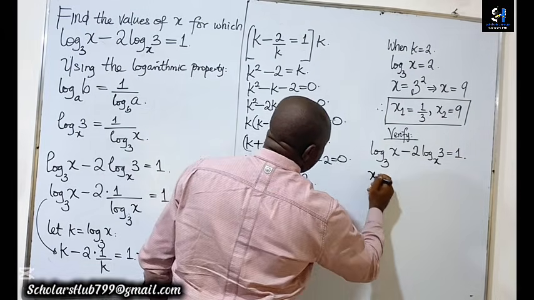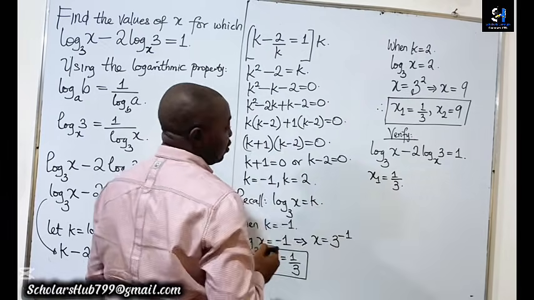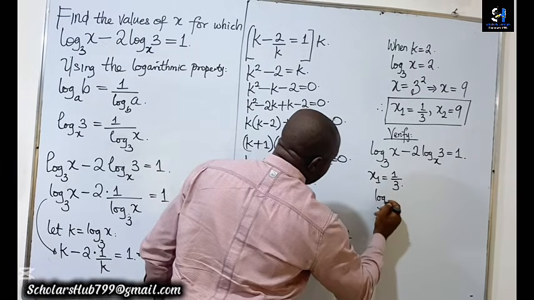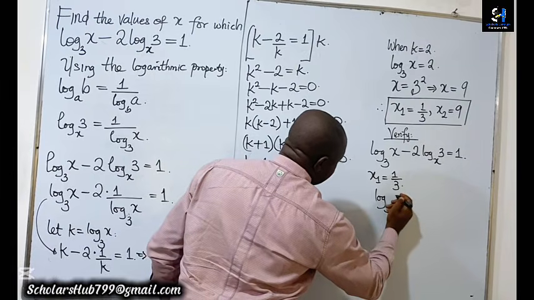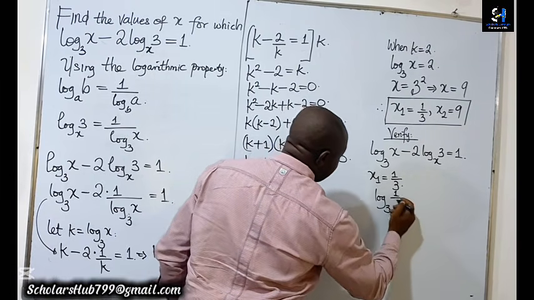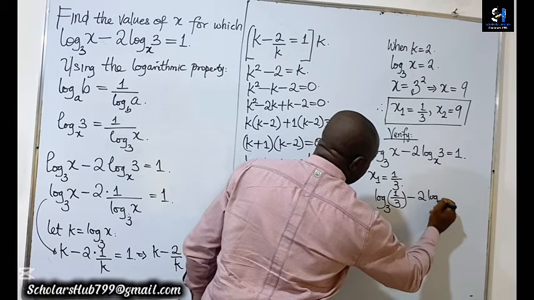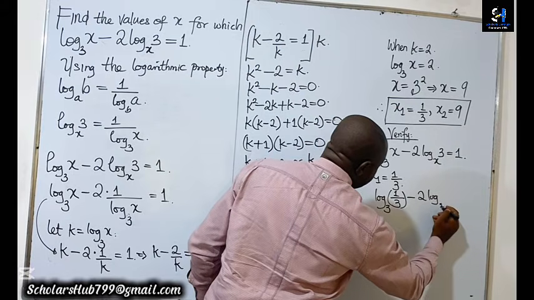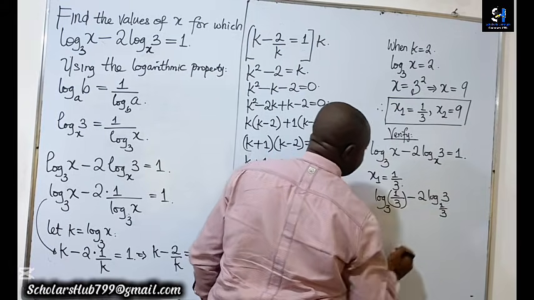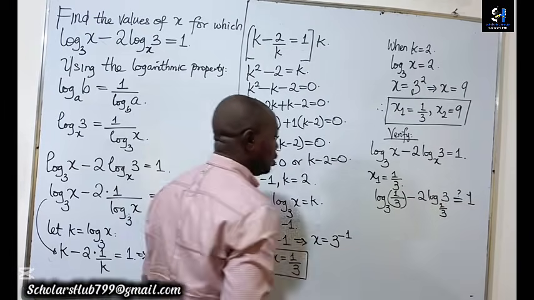So when the value of x is 1/3, we're going to have log base 3 of 1/3 minus 2 log base 1/3 of 3. Now we want to know if this is going to be equal to 1.